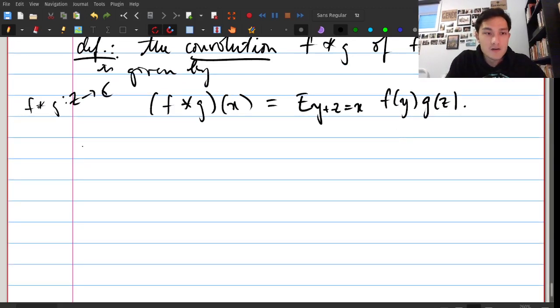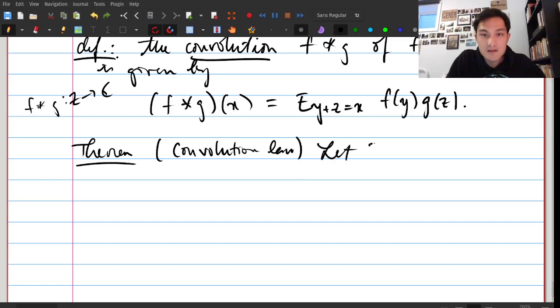The reason convolutions are kind of cool in Fourier analysis is because they behave quite well under the Fourier transform, and that's what this theorem says. They're nice to think about under the Fourier transform because of this convolution law.